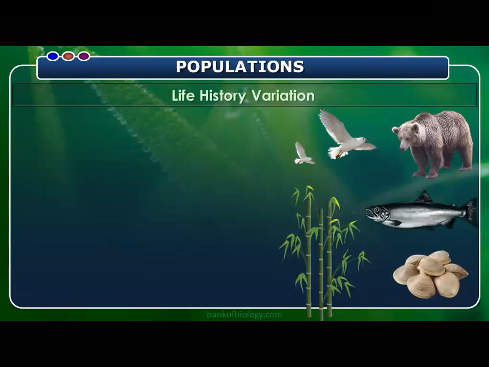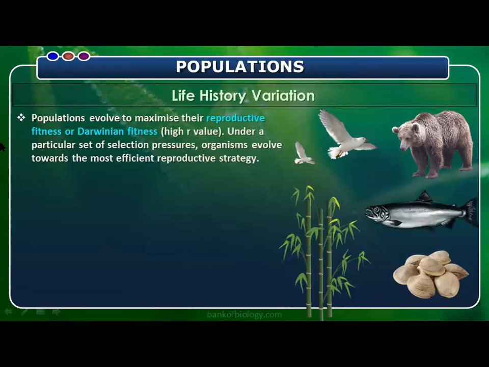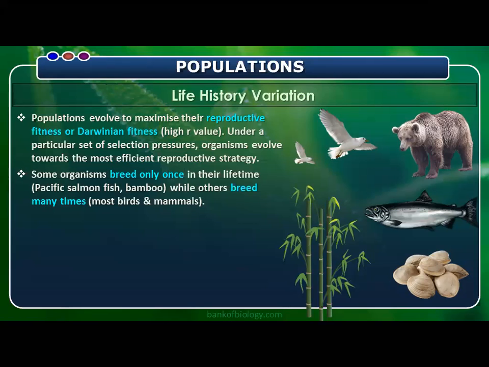Finally, life history variation. Populations evolved to maximize their reproductive fitness, or Darwinian fitness. High r value we use to say. Under a particular set of selection pressures, organisms evolved towards the most efficient reproductive strategy.